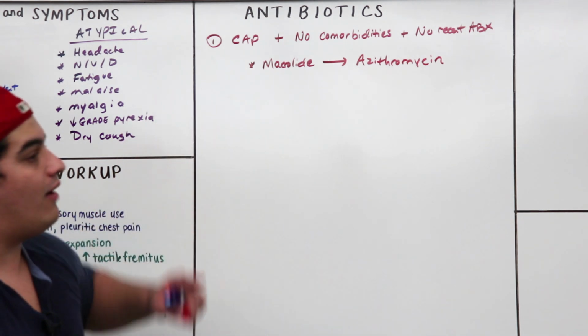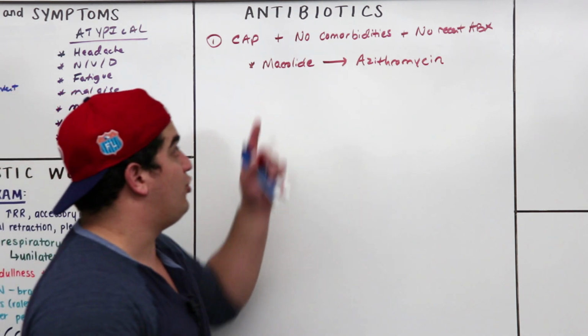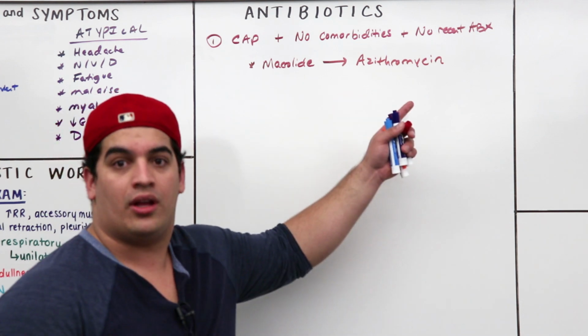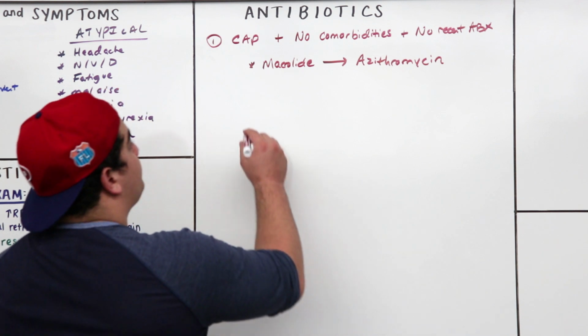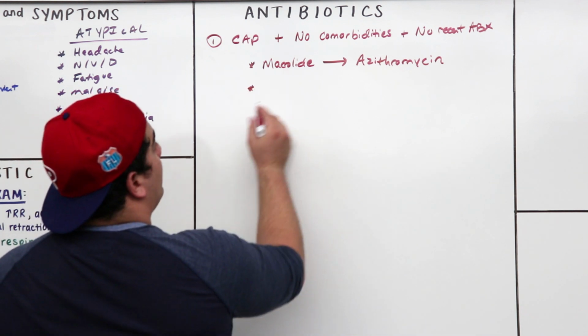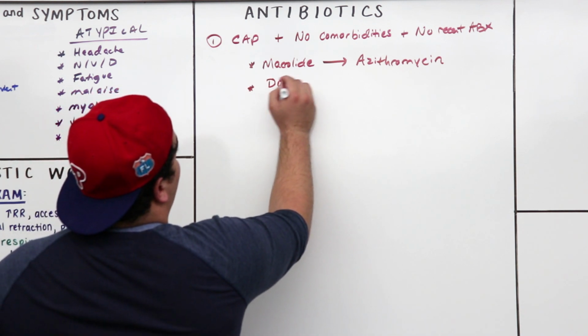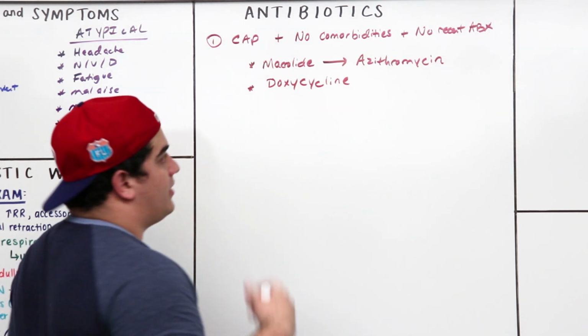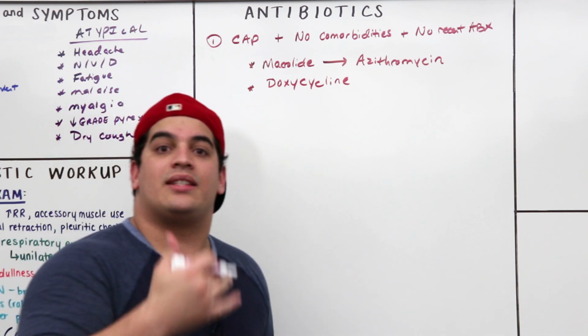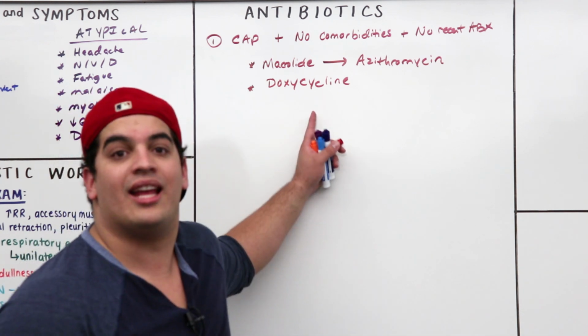This has the ability to cover a lot of the different bacteria particular to community-acquired pneumonia with no recent antibiotic therapy or comorbidities. If not, another thing that we could give is what's called doxycycline. And doxycycline is a type of tetracycline, and it is, again, a protein synthesis inhibitor.